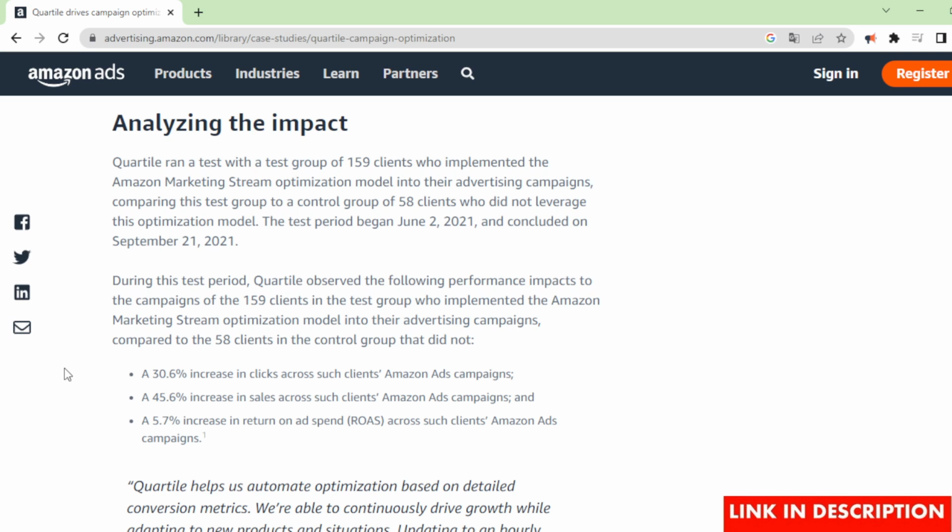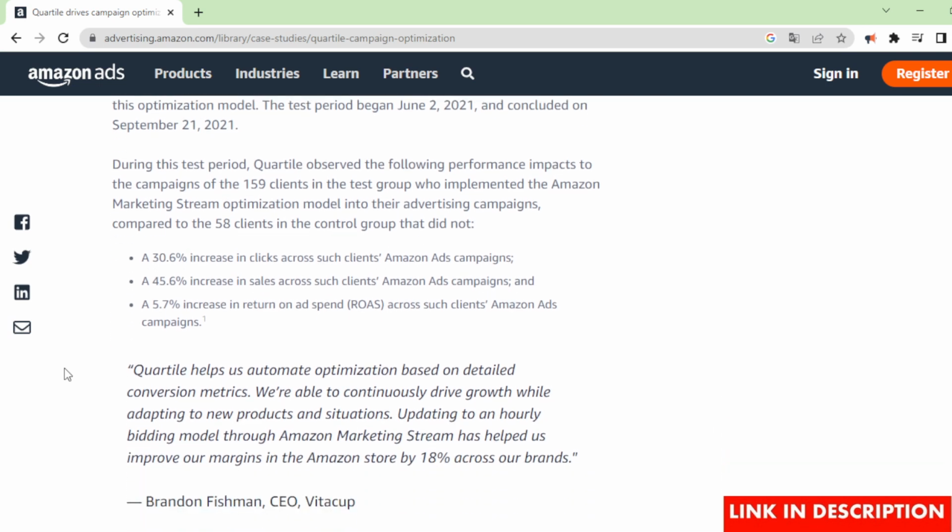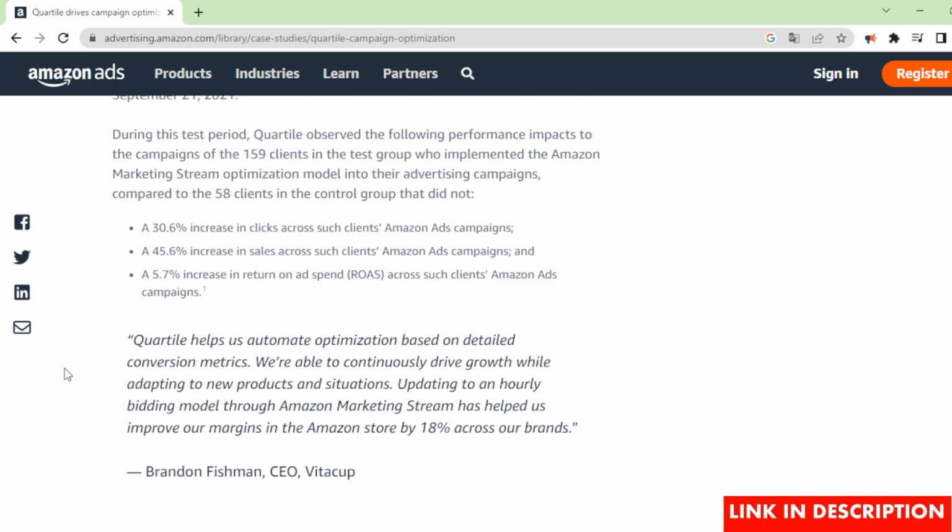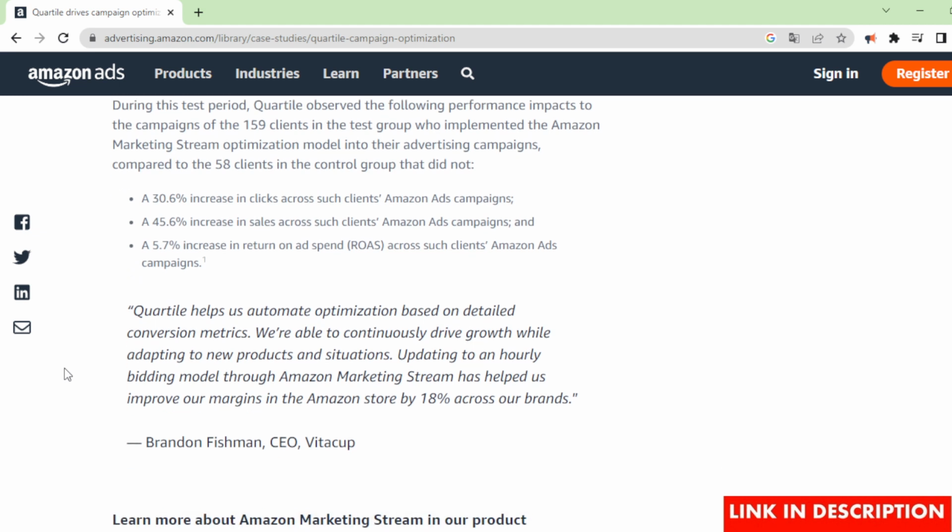During this test period, Quartile observed the following performance impacts to the campaigns of the 159 clients in the test group who implemented the Amazon Marketing Stream optimization model into their advertising campaigns, compared to the 58 clients in the control group that did not.